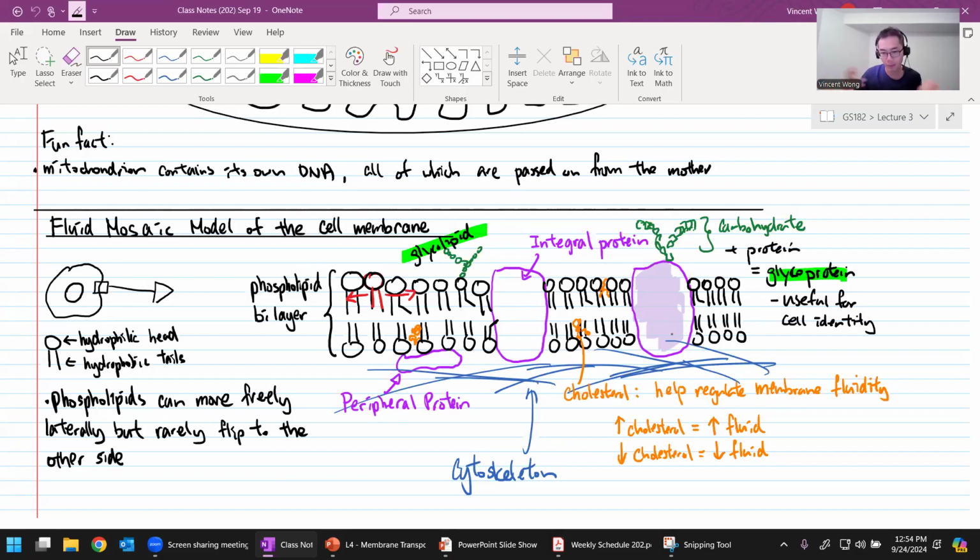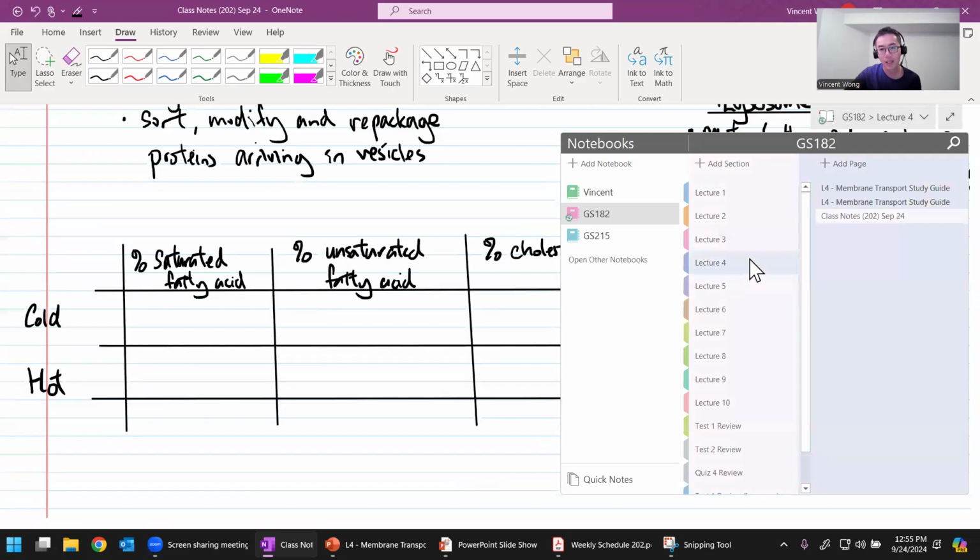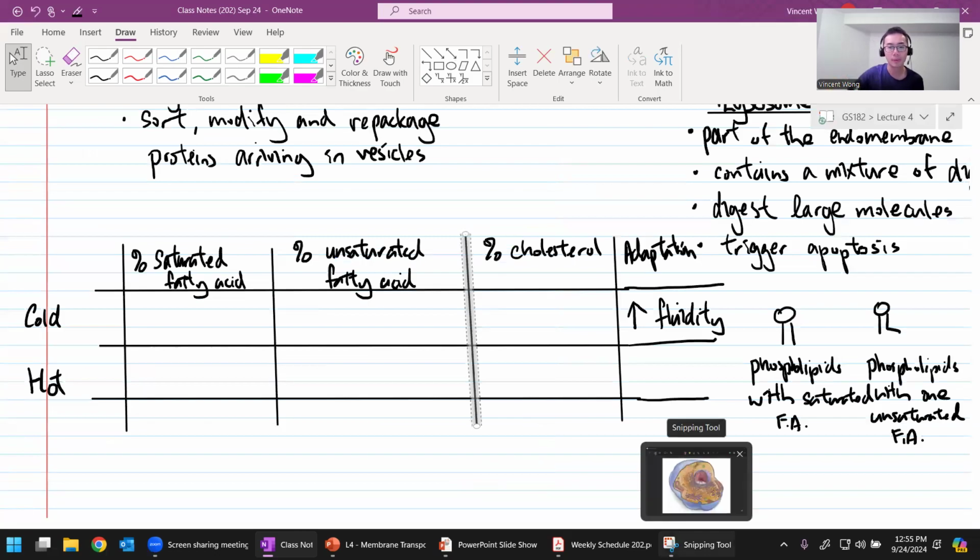We talked about this when we discussed saturated and unsaturated fatty acids, right? So if you stick some cholesterol in between, the cholesterols kind of prevent the phospholipids from coming together. They kind of get in the way. And if the phospholipids cannot get close to each other, then the membrane is going to be more fluid.